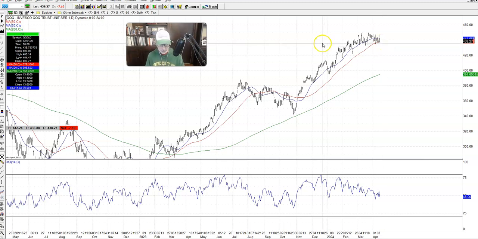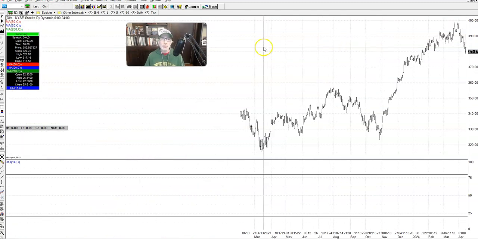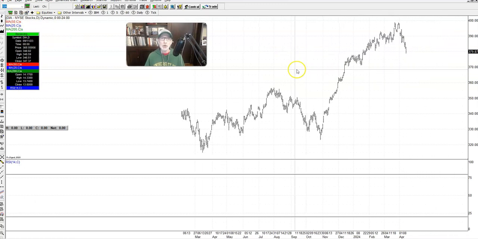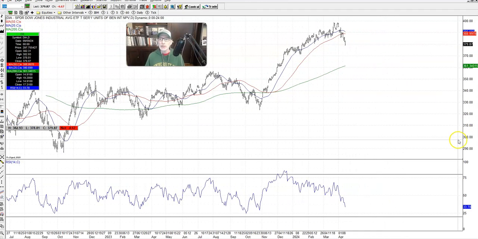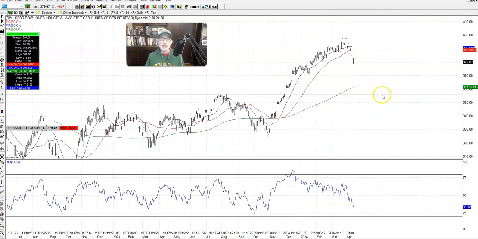So let's look at the Dow Jones. We use the DIA, the diamonds. Here's the symbol right here. And we want to see what the market is telling us for the Dow Jones. And we just want to wait for my prices to pull up here. Come on, filter in. Here we go. So the Dow is a little bit weaker than the NASDAQ and S&P 500.